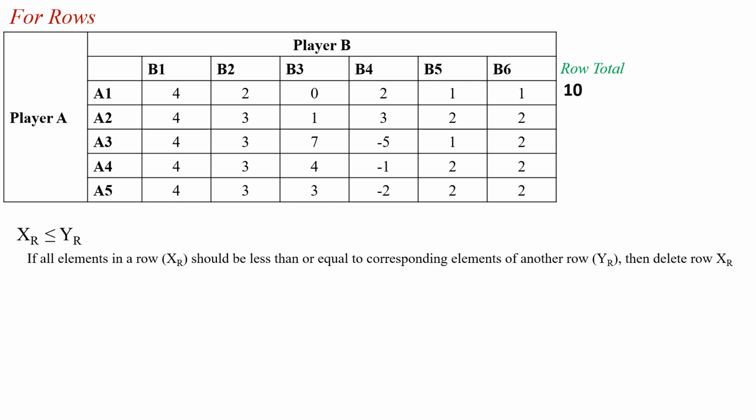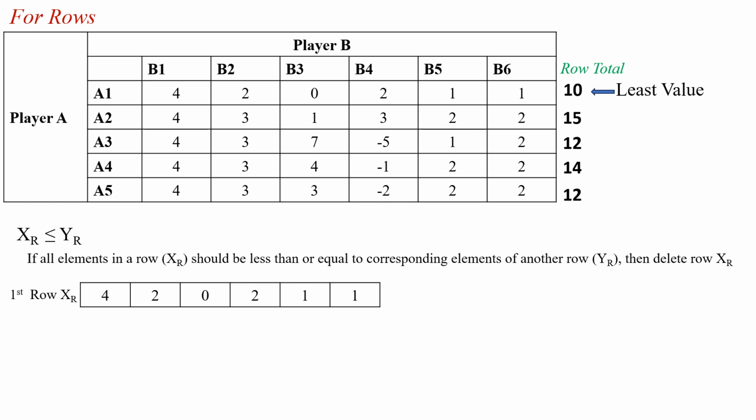Similarly, the second row total is 15. Third row total is 12. Fourth row total is 14. And the fifth row total is 12. Now select the row based on this total value. First, select row 1 because its row total is the minimum value.